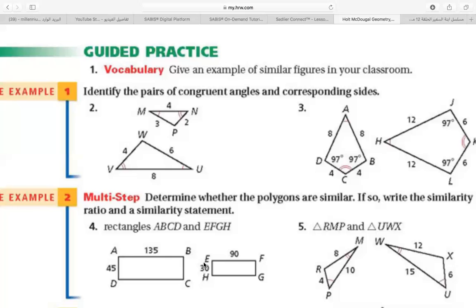And AD over EH is 45 over 30. You're going to do it after I finish, and you're going to tell me at the beginning of the lesson tomorrow what the similarity ratio will be. Okay, girls? So it's homework.